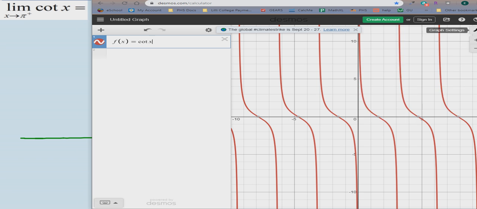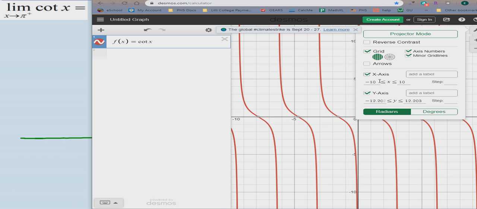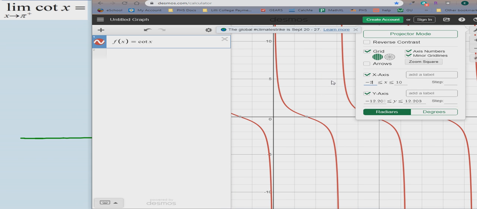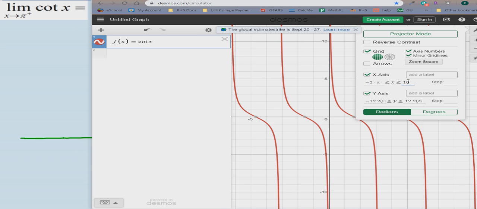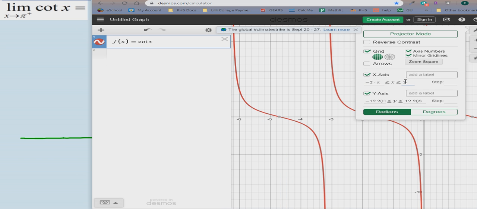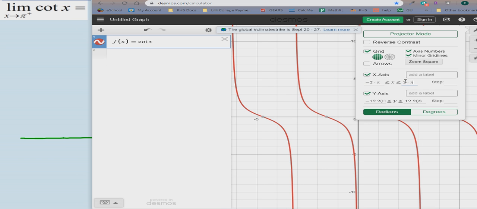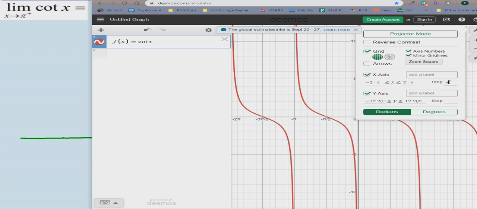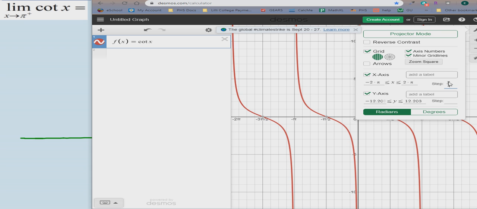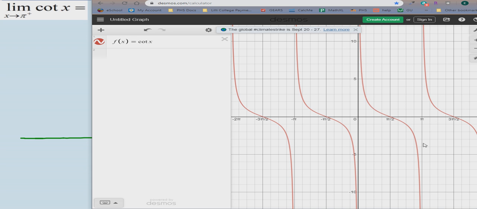If you go up here to the menu, did I show you this? Yes. This is kind of nice. So if you go negative 2 times pi to positive 2 times pi in steps of, let's say, pi divided by 2. That's a pretty handy way to do it.